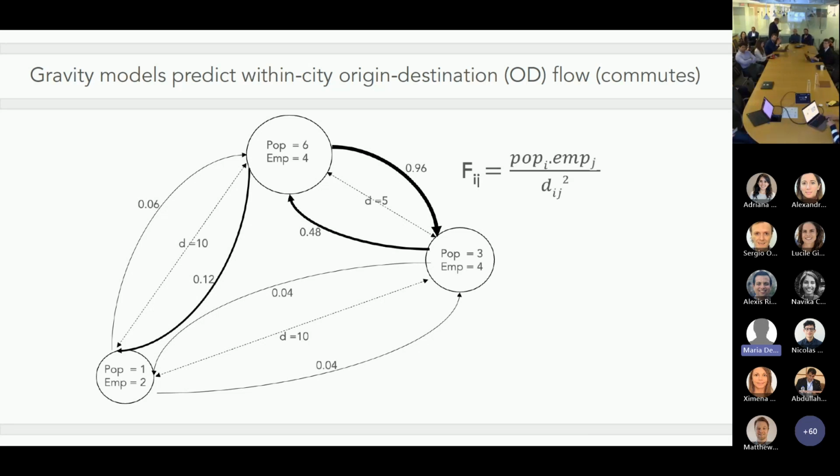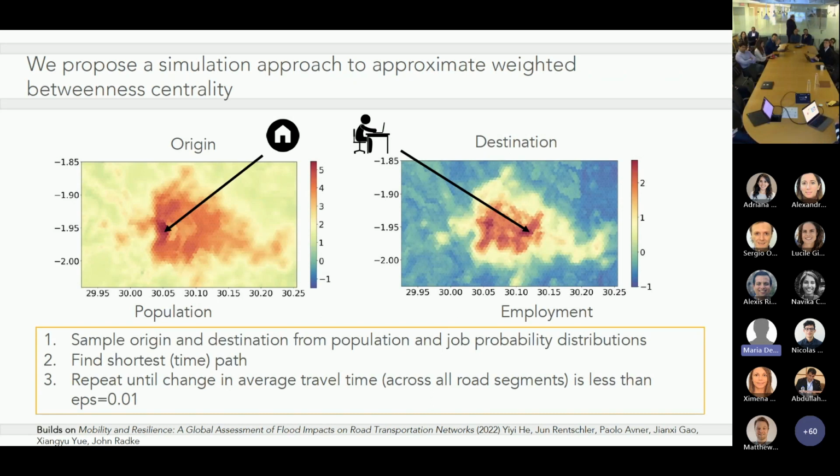So the flow would be less between those two points. We incorporate this idea into our betweenness centrality metric. What we do is we use population distribution to draw our origin, and we use the employment distribution that we get from the predicted employment data to draw our destination. We keep iteratively doing this.